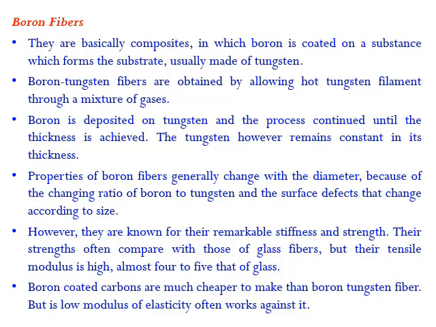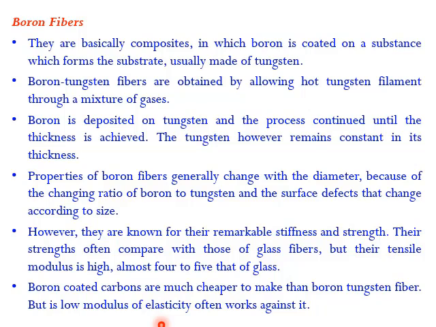So depending upon the amount of boron deposited on the tungsten filament, the properties vary. They are known for their remarkable stiffness and strength. Their strengths often compare with those of glass fibers, but their tensile modulus is high, almost 4 times that of glass.